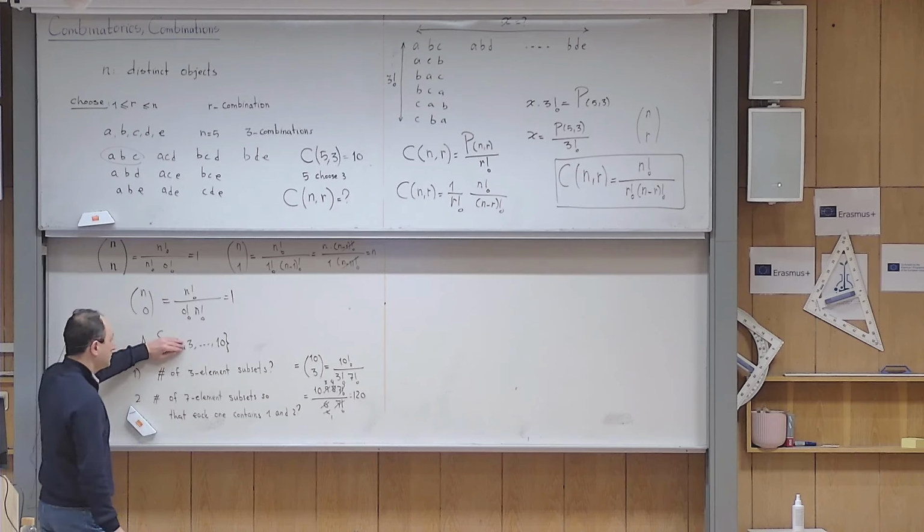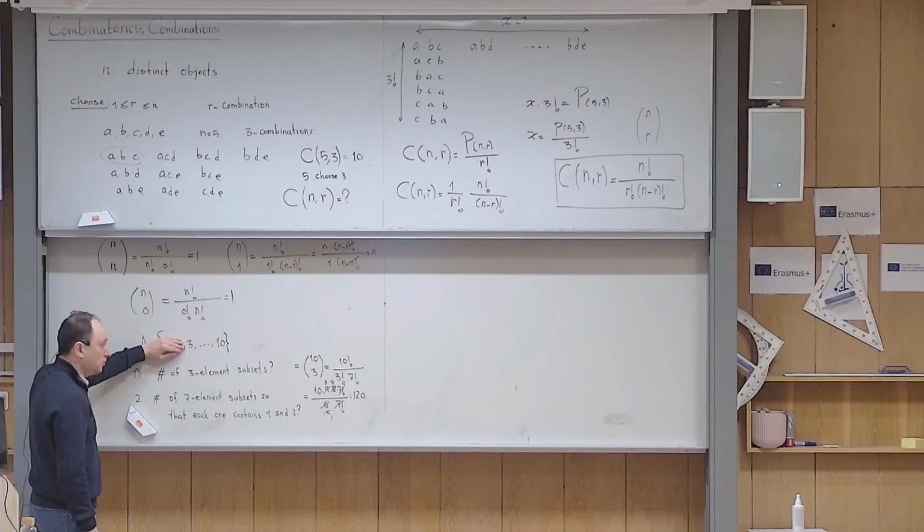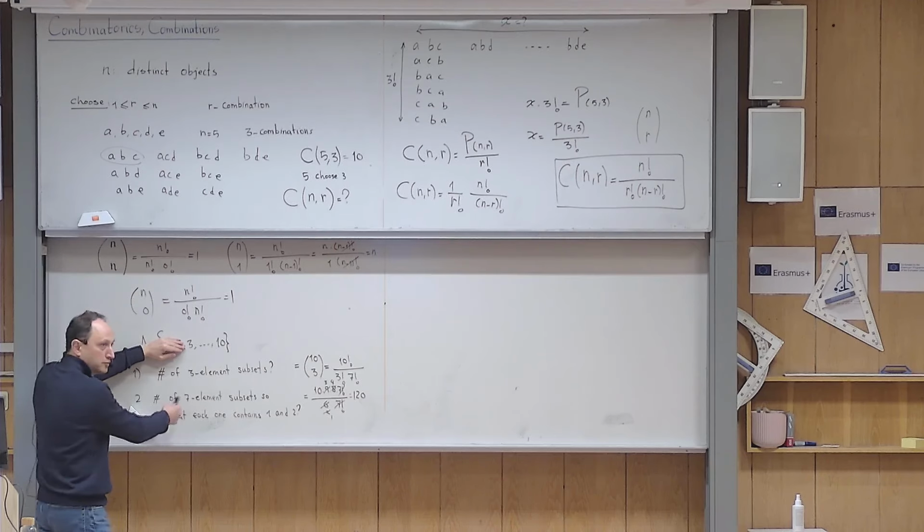So take 1 and 2, and how many are left? Are 8. But how many choices, free choices I have? Only 5. Yes, because in principle I have to choose 7. Already 1 and 2 are chosen for me, so I don't have 7 degrees of freedom. I have only 5 degrees of freedom. Out of how many elements? 8. So the answer to this is simply 8 choose 5.